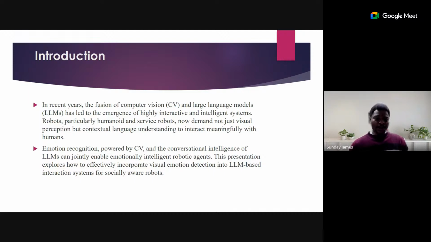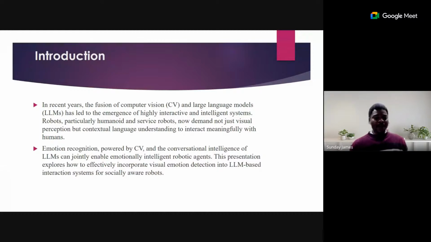With the large language model, they can interact and give meaningful textual conversation. Robots, particularly humanoid and service robots, now demand not just visual perception, but contextual language understanding to interact meaningfully with humans. Seeing alone is not enough; with large language models, we can have a meaningful and intelligent conversation.